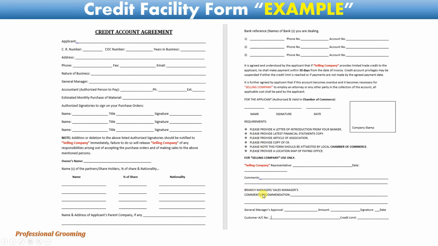We also need to put here the general manager's approval and the amount, how much we need to give them, that this much amount is the credit limit for them, like 500,000, 1 million, 2 million. This is the limit of credit. If the company reaches this limit, we need to stop giving them credit goods. When they clear our balance, then we can give them the products on credit again. After that, there is the general manager signature, date, and customer account number and credit limit they can mention here.